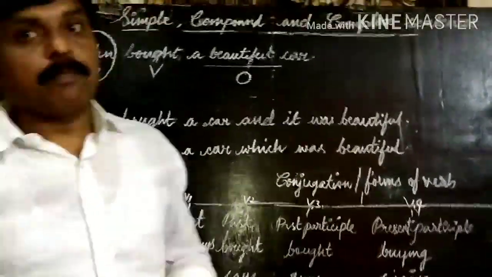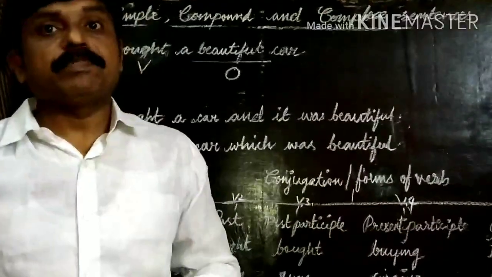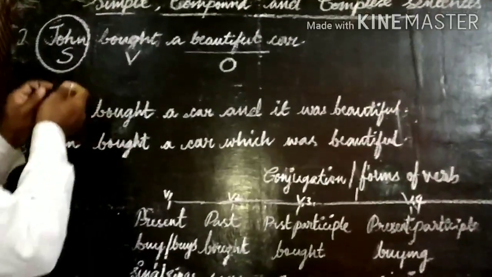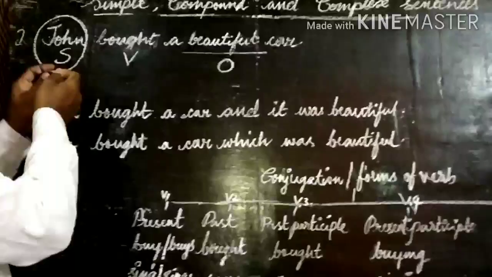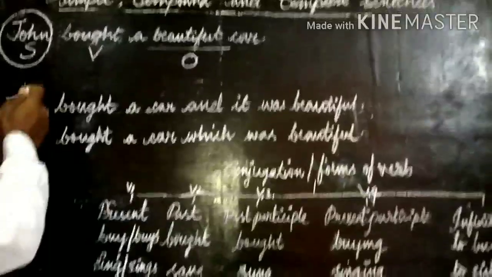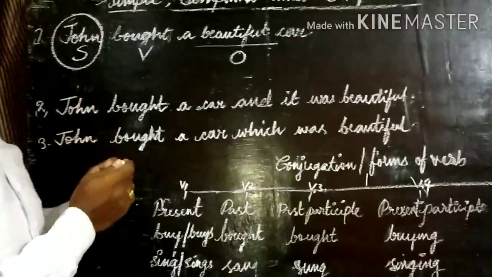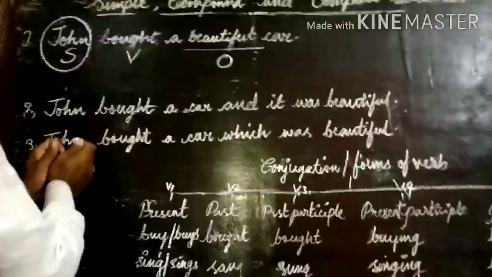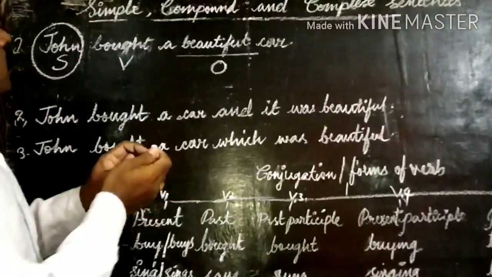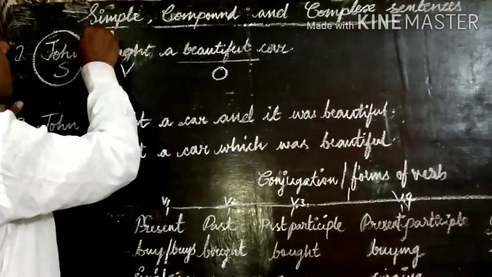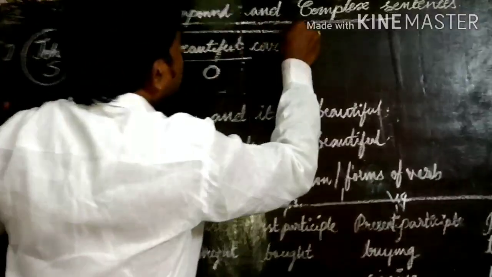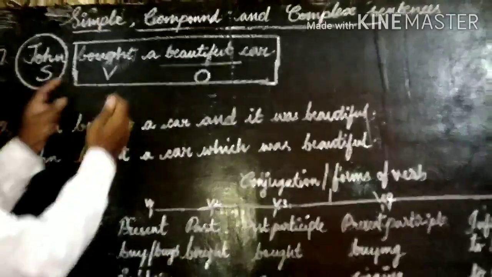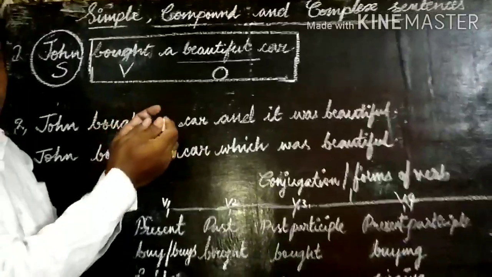Subject is a name or a thing we speak about. Here in this example, we are speaking about John. The sentence tells about John. And the rest of the part, that is from verb to object, is called predicate.